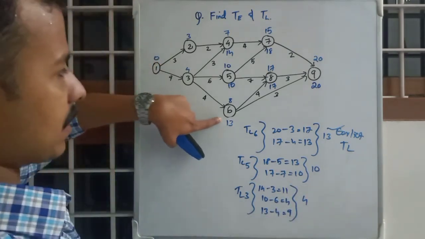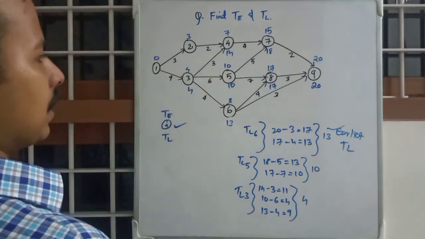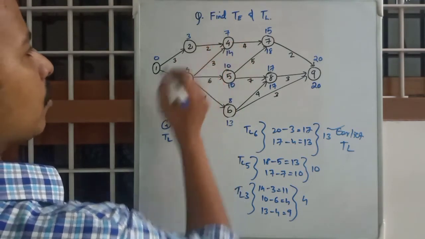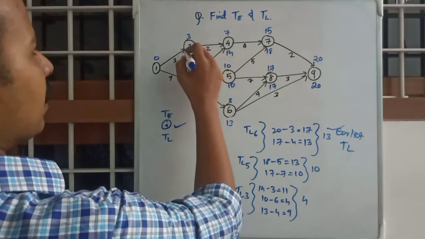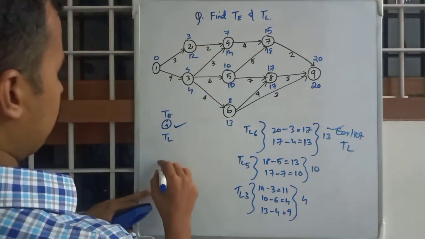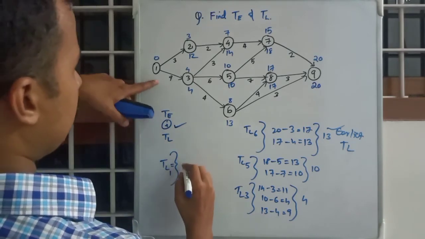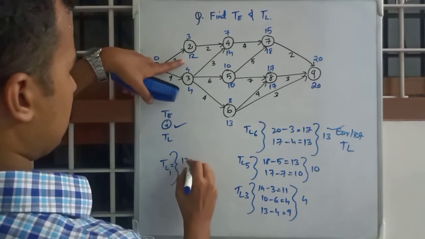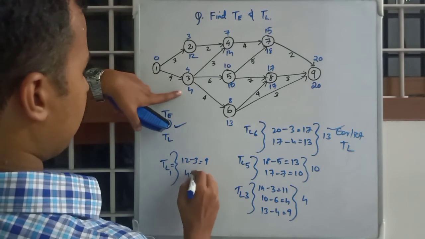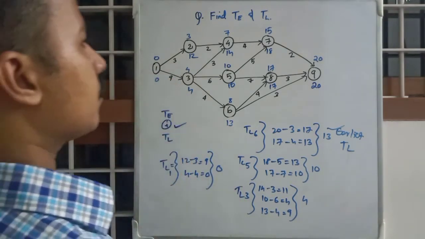So we will select the earliest as 4. Okay, there is only 2 remaining, as it is joined by a single activity. 14 minus 2, 12. Okay, and TL1, 12 minus 3 is equal to 9, 4 minus 4 is equal to 0. So we will select 0.